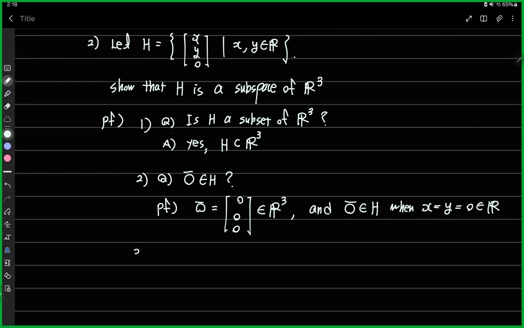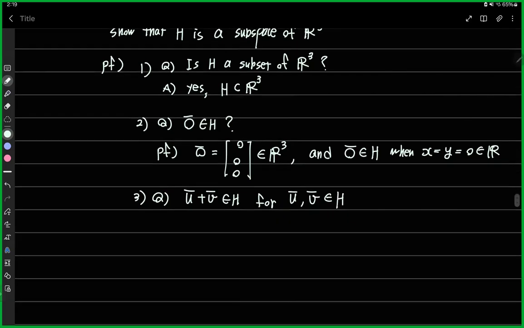Okay, third one. Question: the vector u plus vector v is in H, where u and v are in H. I mean, this is kind of obvious, this is the proof.